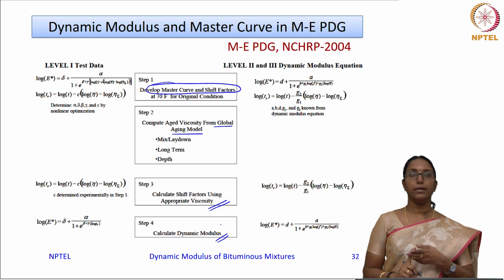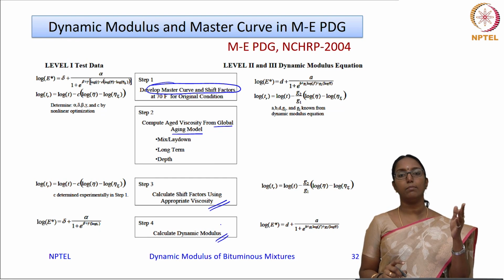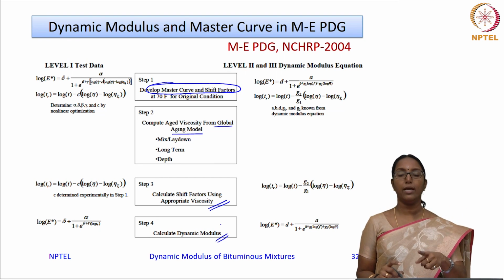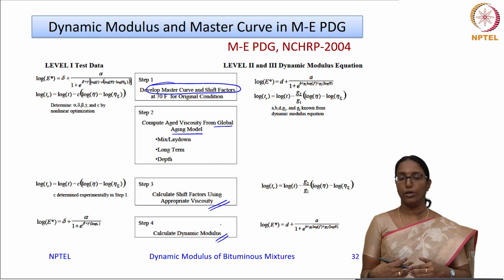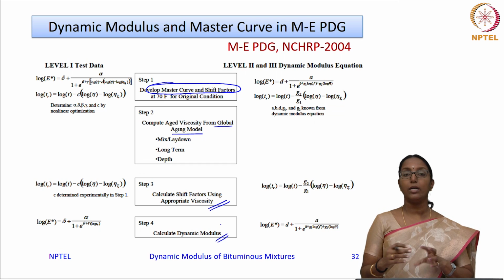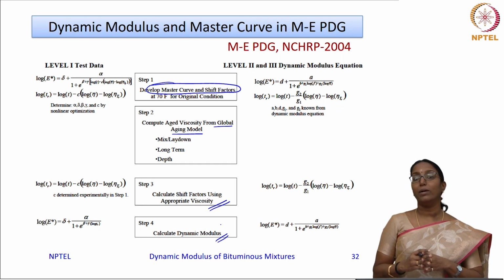So, two things are here. One is the dynamic modulus that is captured and the master curve that is prepared which goes in, and over a period of time what happens to this dynamic modulus is also incorporated in the form of the global aging model.